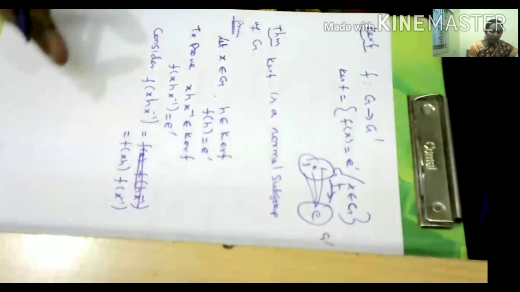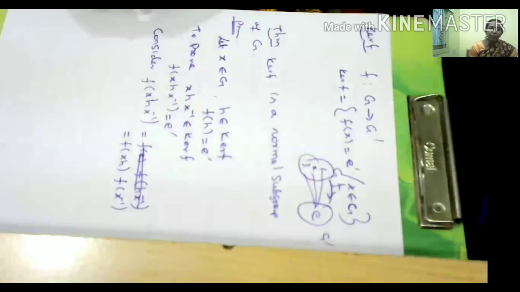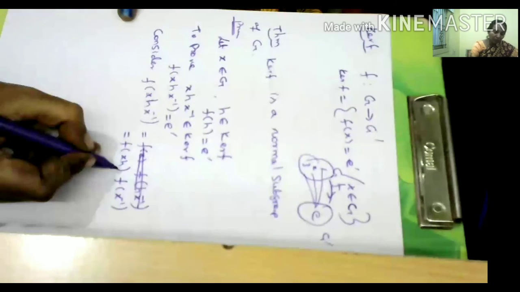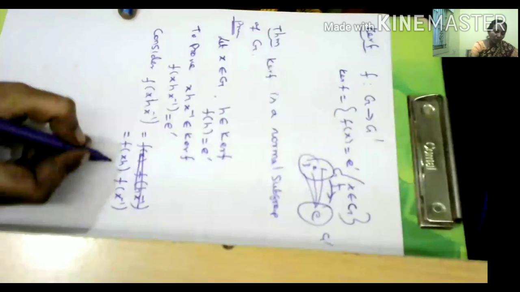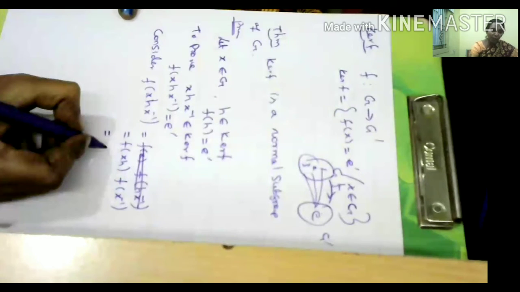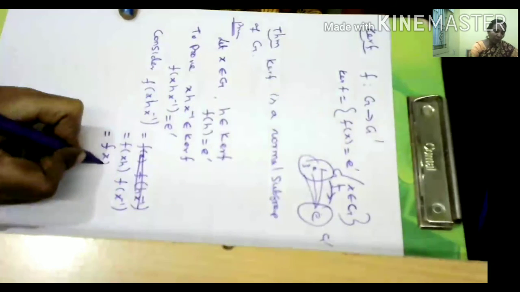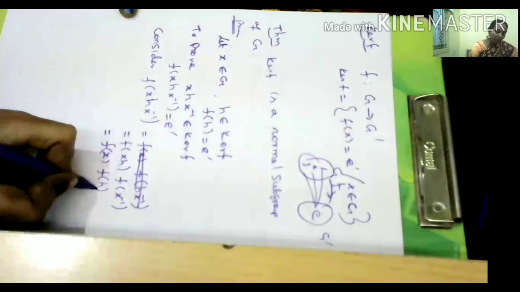See here why we are splitting F of X H X inverse: F is a homomorphism. F is a homomorphism means F of X Y equals F of X into F of Y. So here we have split F of X H X inverse into F of X H into F of X inverse. Again applying the homomorphism condition, this is F of X into F of H into F of X inverse.